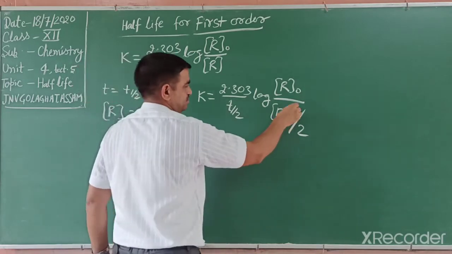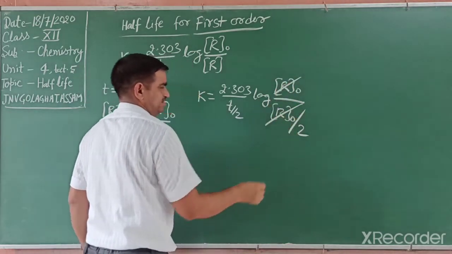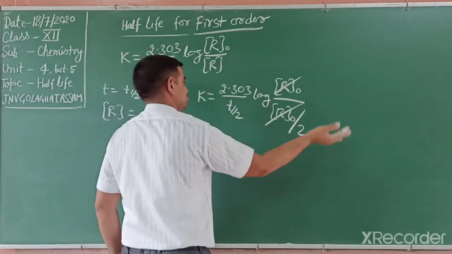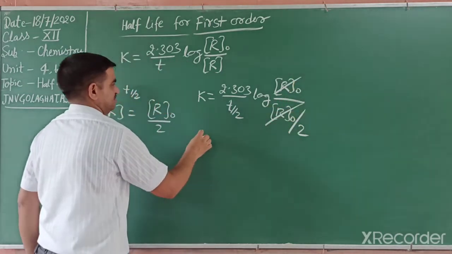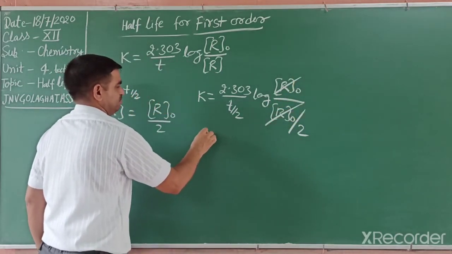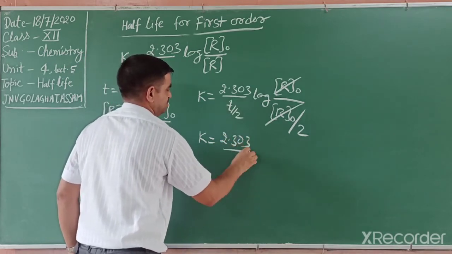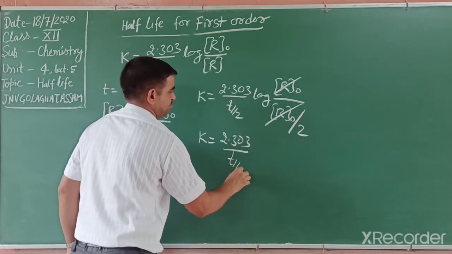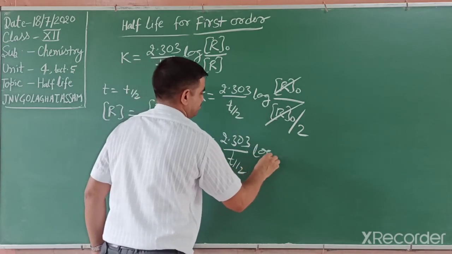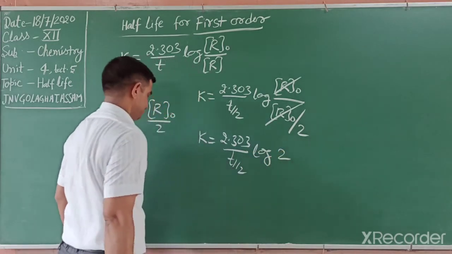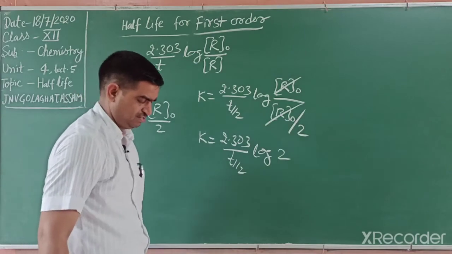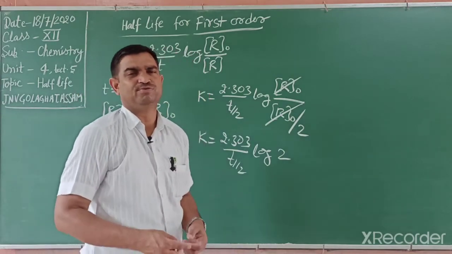So R naught by R naught divided by 1, and log 2 comes on that side. So we can solve, k is equal to 2.303 divided by t half log 2. So students, how can we see the value of log?